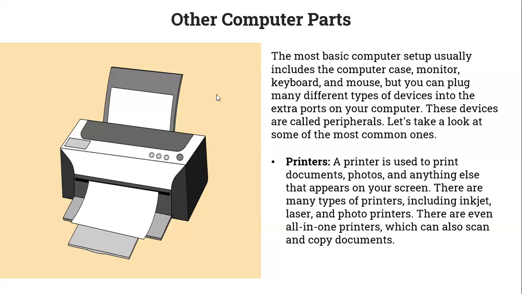These other devices, whether input or output, we call them peripherals because they are devices that you connect. They are not built in with your computer. They are external devices that you connect to the ports, because your computer has extra ports. You connect them to your computer in order to communicate with it. So they are called peripheral devices.